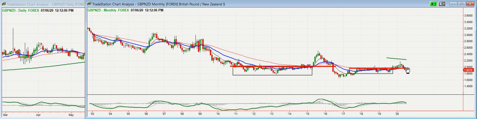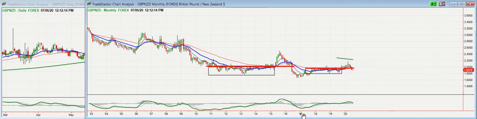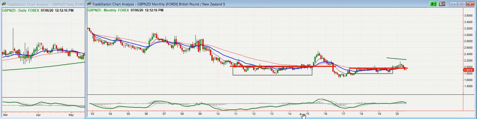If it starts to run, we might see a huge price development for strengthening of the Kiwi and the weakening of the pound. Well, we don't know where it comes from. Is it the pound that's actually falling apart, or is it the Kiwi that's showing strength? I think it's the pound, because we've seen it against other currencies.